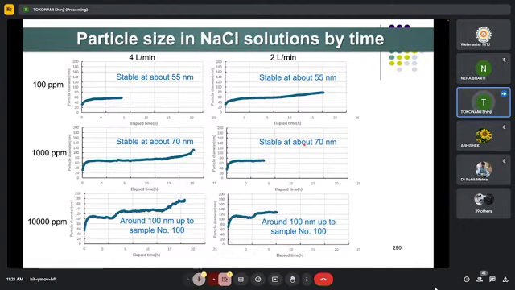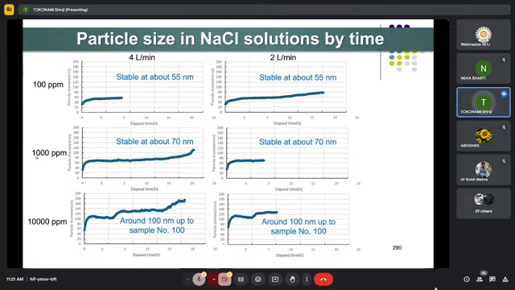This figure shows a time variation of particle size distribution with sodium chloride solutions. That's 10 ppm with 4 liters per minute. The particle size becomes stable at about 55 nanometers.